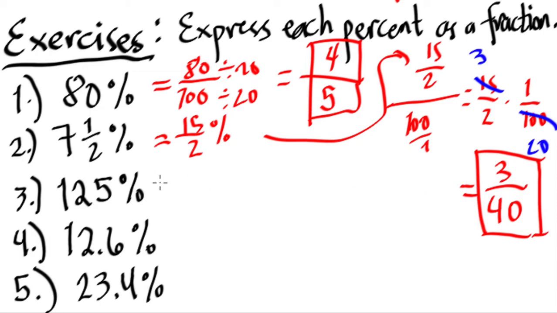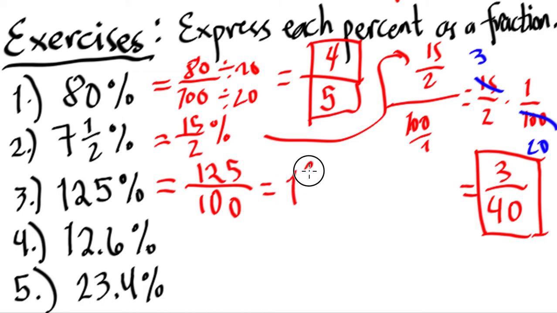For number 3, let's try to fit this. So this becomes 125 over 100. We can simplify this by making this mixed, shall we? If we make this mixed, this becomes 1 and 25 over 100. How did we end up with this?